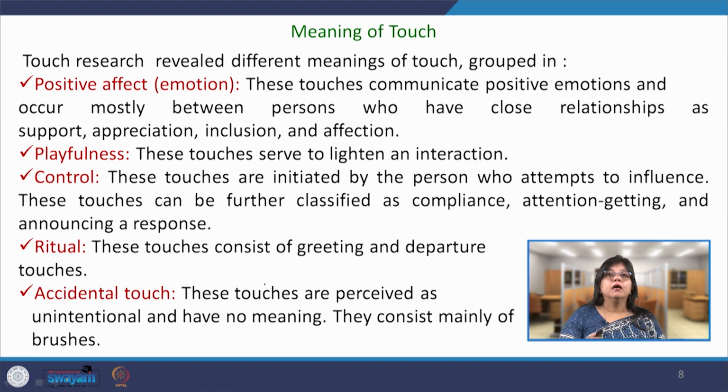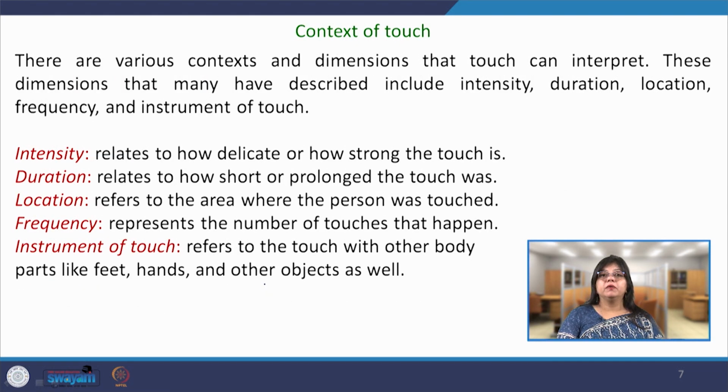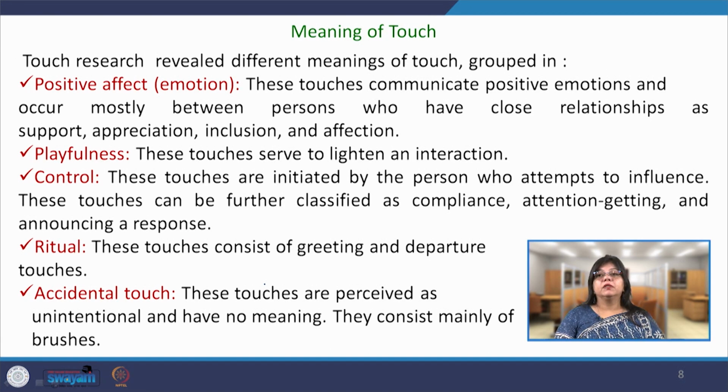The other is meaning of touch. The touch reveals different meanings. Even when we are talking about certain parameters in terms of intensity, duration, location, frequency and instrument of touch, every time there is some meaning of touch. It is positive emotions, it is playfulness, it is control, it is ritualistic and accidental touch.